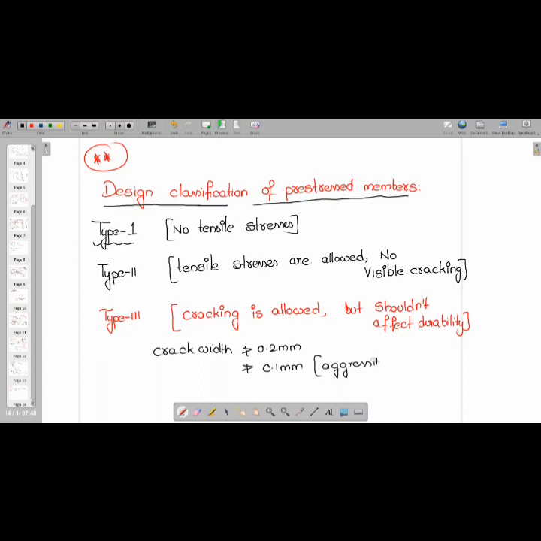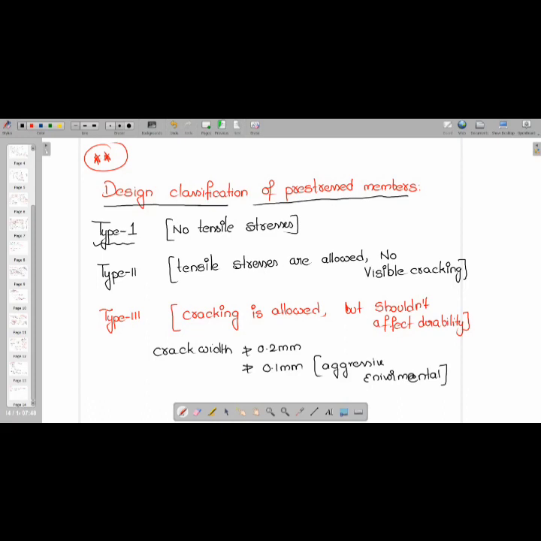So here, type 1 is no tensile stresses. Type 2 is tensile stresses are allowed and no visible cracking. And type 3 is cracking is allowed, but it should not affect the durability.